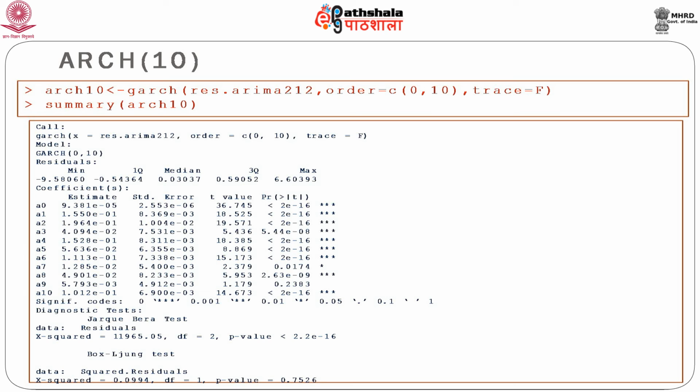The summary can be generated just by the summary function on the same ARCH object, and that will give the ARCH order 10 model, where you will see 11 coefficients including a0, and here are the p-values. There are also some diagnostic tests available, the Jarque-Bera test, which is significant, and the Box-Ljung test of the squared residuals indicates it is not significant.